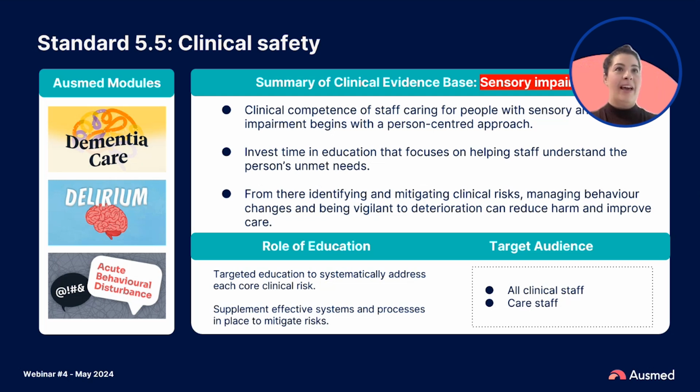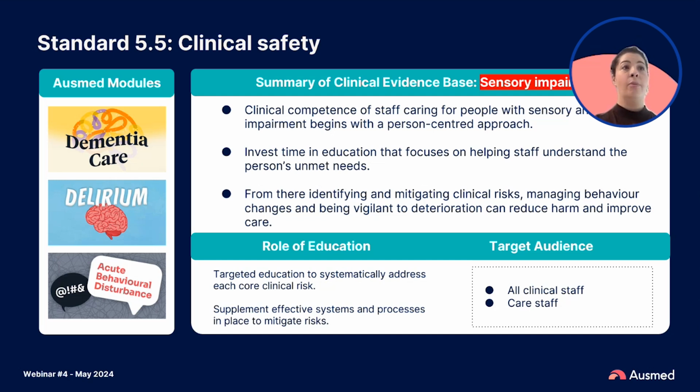All right, sensory impairment. This is clearly a huge topic. It's the final component of 5.5, so we're nearly towards the end of standard 5. Something I want to highlight when it comes to sensory and cognitive impairment is, I really urge you, you are leaders in your organization in a quite powerful position, where you can make decisions about what education you're going to invest in.